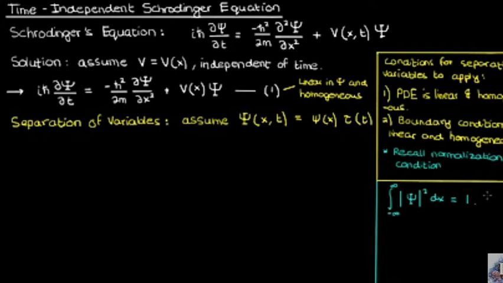Now if the wave function is square integrable, so that the integral shown in the normalization condition is finite, it must follow that the wave function approaches 0 as x approaches negative and positive infinity. If it didn't approach 0, then its integral would not be finite. I discussed this already in my video introducing the Schrodinger equation.